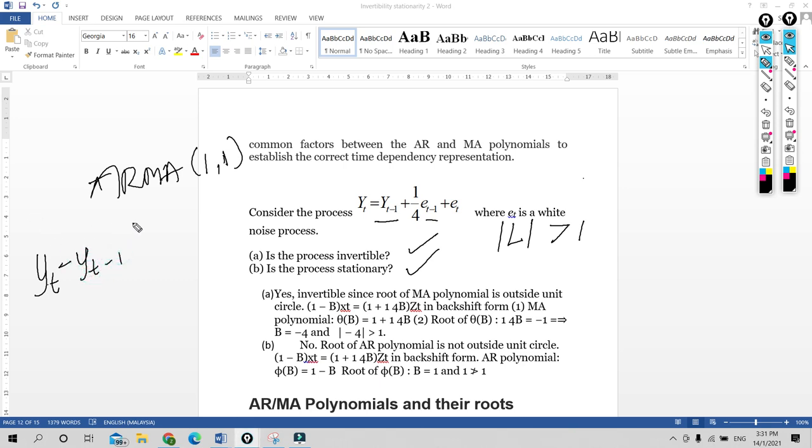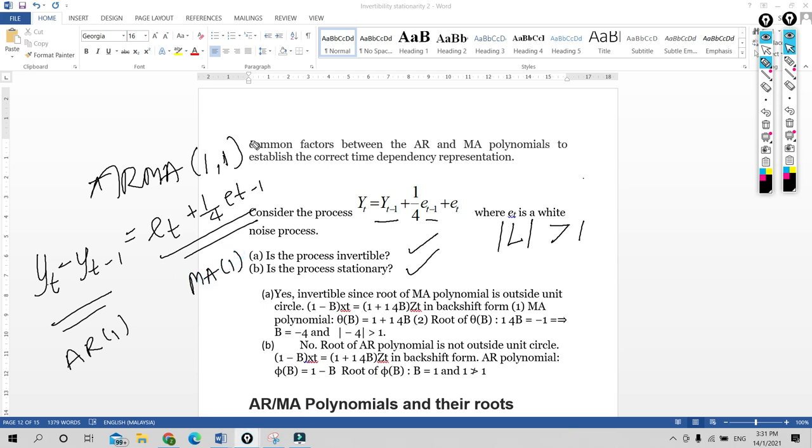These are AR(1) with coefficient 1 over 4, or you can write it like this: epsilon_t plus 1 over 4 epsilon_{t-1}. This is an MA model, and here is an AR model. This is AR(1), and this is MA(1), and the combination here is ARMA(1,1).